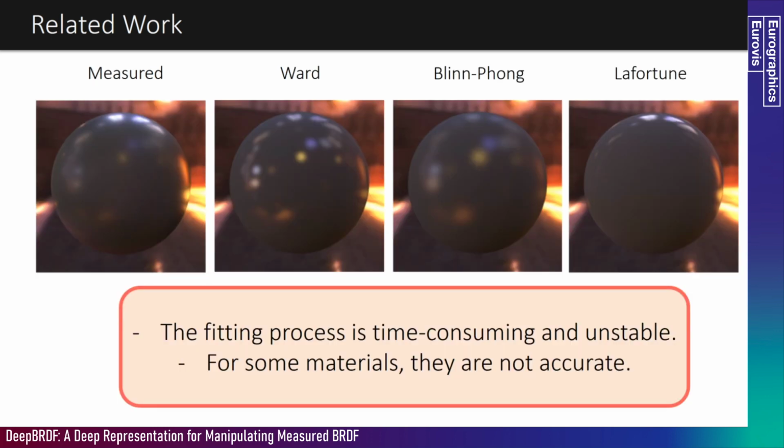However, as you can see here, there are some problems. First, the fitting process is often time-consuming and numerically unstable. And second, in some cases, they may not be accurate enough to faithfully represent certain appearances, as in the case here.